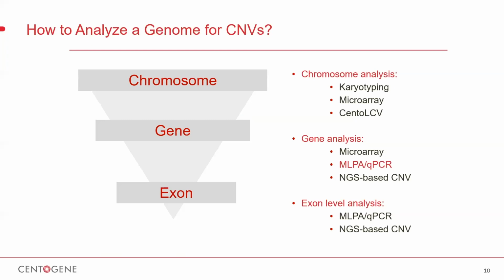This is an illustrative slide showing the different resolutions of copy number variants and the corresponding tests appropriate for detecting them. For large copy number variants at the chromosome level, we can use the old conventional methods: the karyotype, the microarray, and CNV-based tests. For moderate size deletion and duplication mutations, we can utilize the microarray, MLPA, qPCR, and NGS-based copy number variant detection. For exons, which are a very small size and high resolution, copy number variants can be detected via MLPA, qPCR, and NGS-based detection.